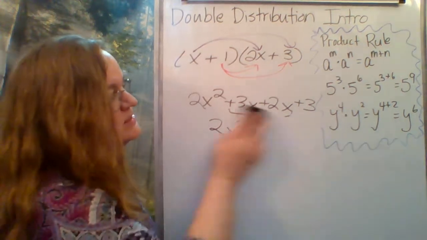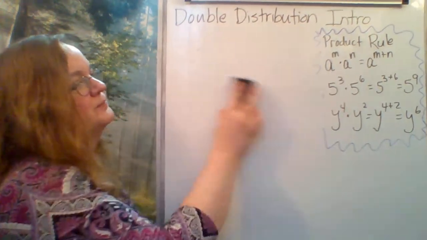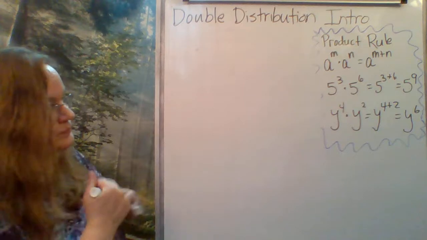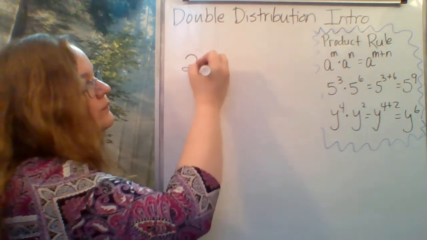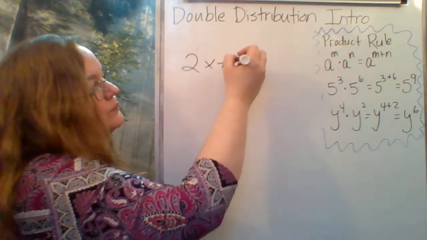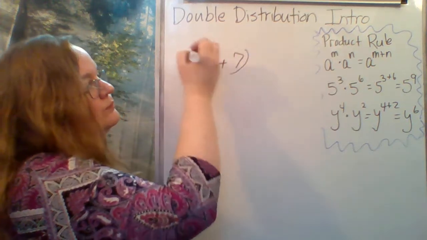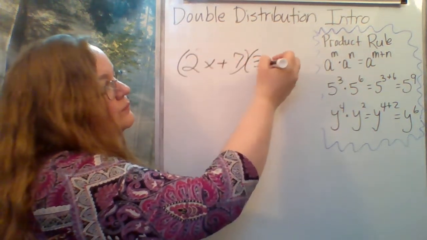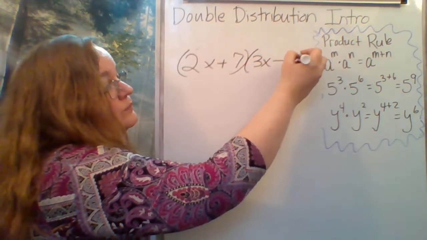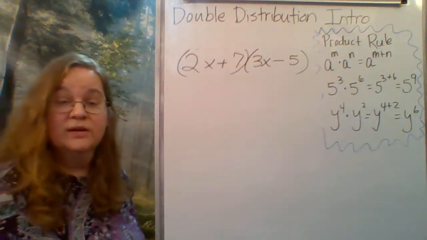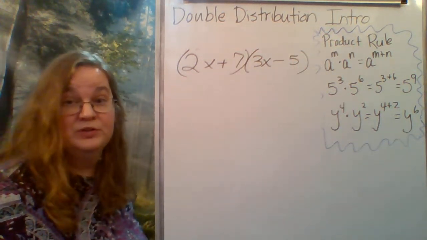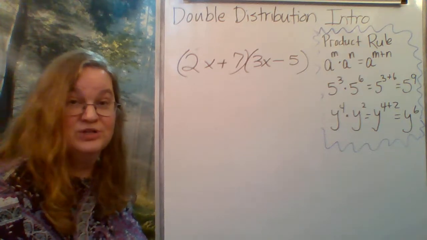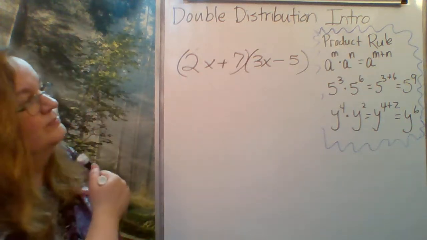Let's take a look at another example. Again, I'm going to double distribute. So I'm going to use the distributive property twice.